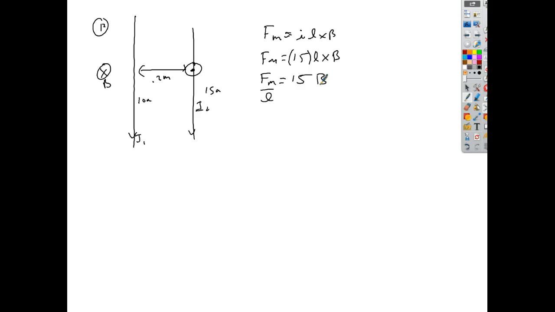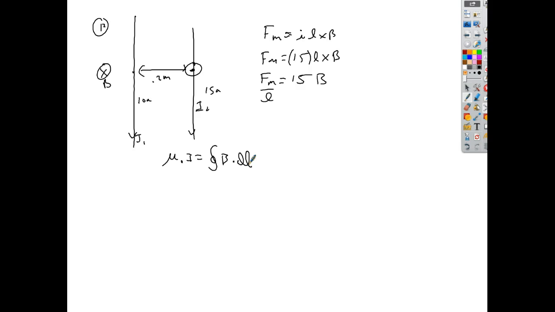Now, the reason this has a magnetic field at all is because of this wire here, right? So what magnetic field does this wire cause on this one over here? We're going to use Ampere's law. So I'm going to go mu naught I equals the integral of B dot dl. I should get rid of that dot. I don't even think there's a dot on their formula sheet, is there?